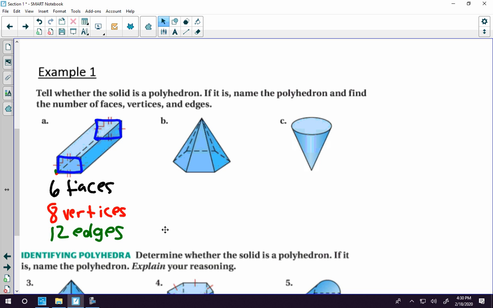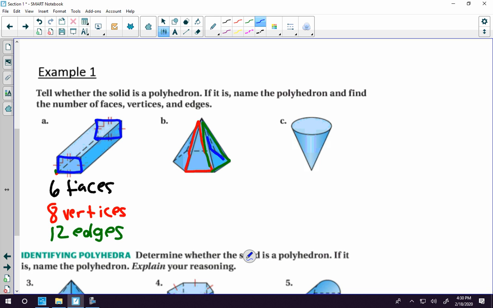B is definitely also a polyhedron. It's a 3D shape that has polygons as its faces. If I ask you to name this polyhedron, the base of it has 6 sides. It's a pyramid, so we would call this a hexagonal pyramid. Now the number of faces, let's count them. There's 1. I'll try to do different colors. 2.